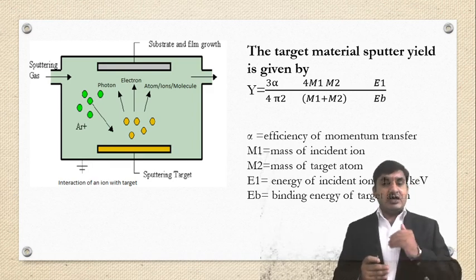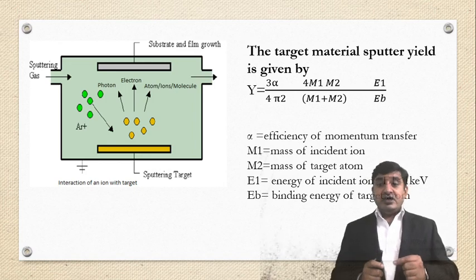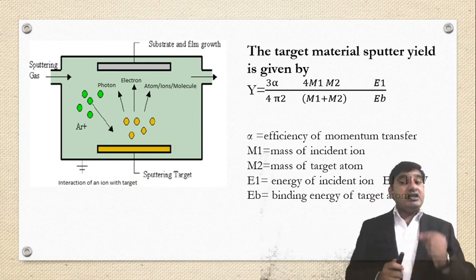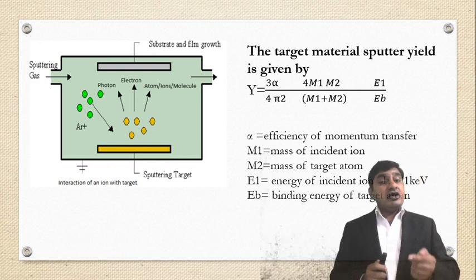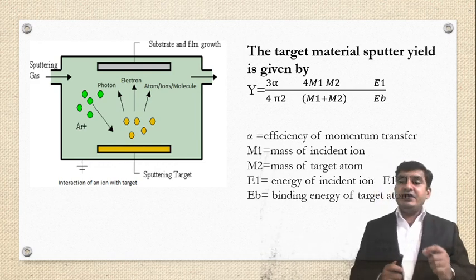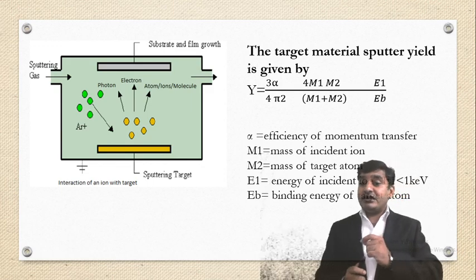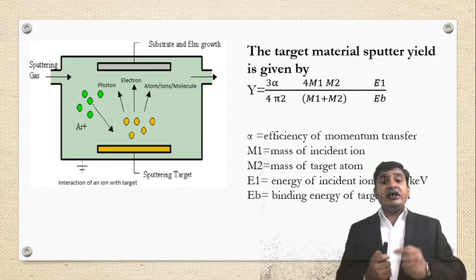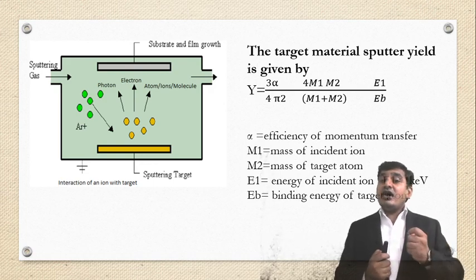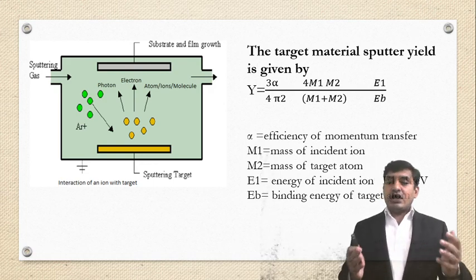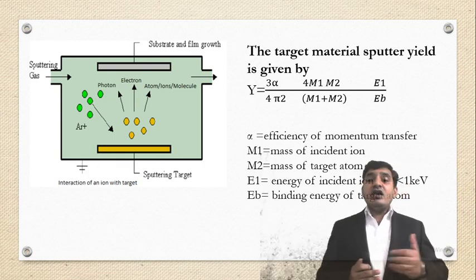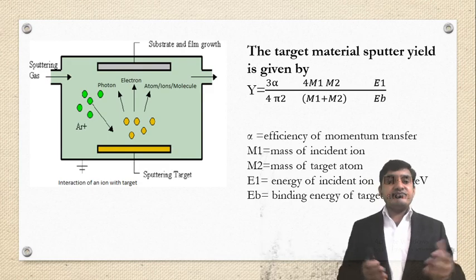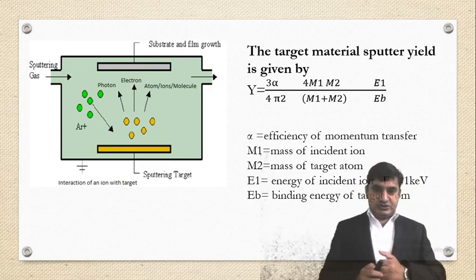The energy of the incident ion also depends on the binding energy of the target atom. If the binding energy is large, then the energy of the incident ion also needs to be large, so we require large energy to eject the atoms or molecules.